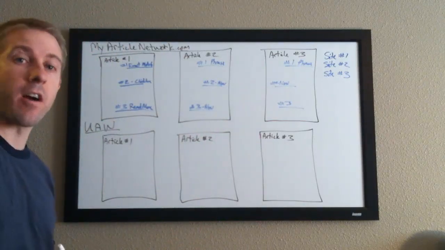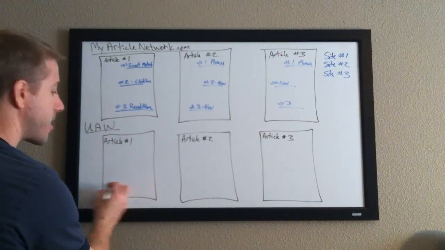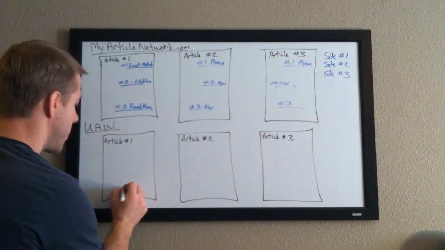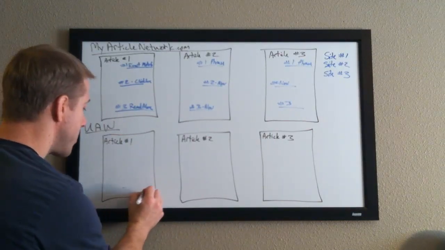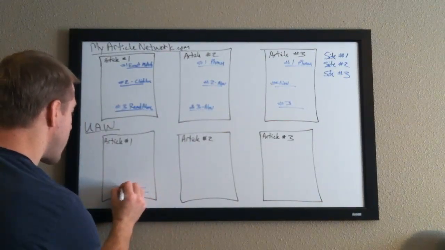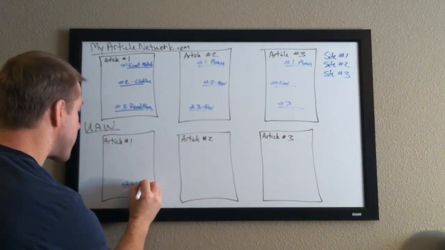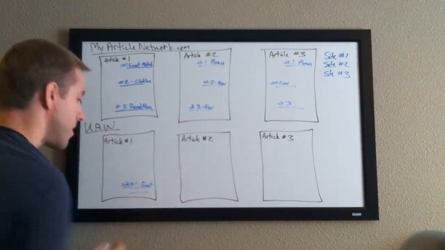Then when I go to Unique Article Wizard, you're only allowed 2 anchor texts here in your author resource box, or 2 links. So link number 1, again, goes to site 1 with the exact match anchor text.